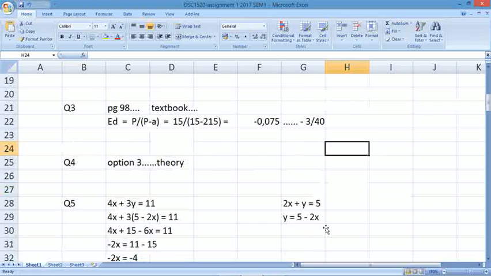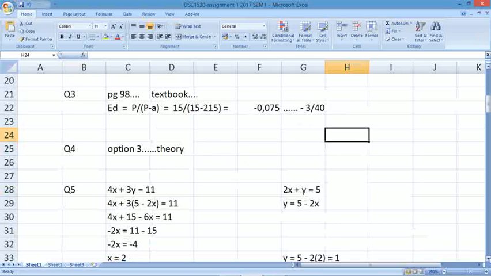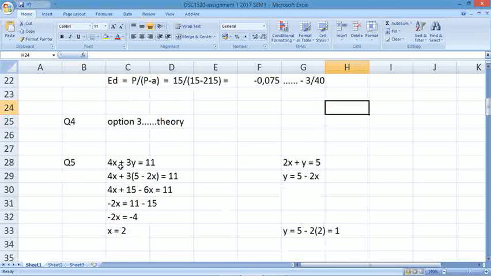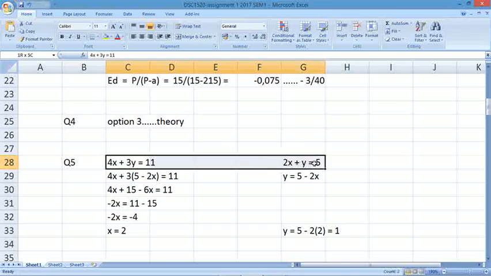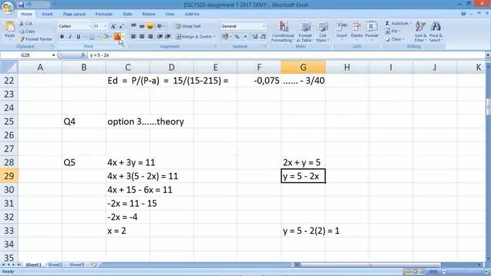If you've done that correctly, you're going to get an equation that looks like this. I made the one equation the subject of the formula, so y equals 5 minus 2x. I then substituted that into the other equation, and I got 4x plus 3(y minus 2x)... equals 11.